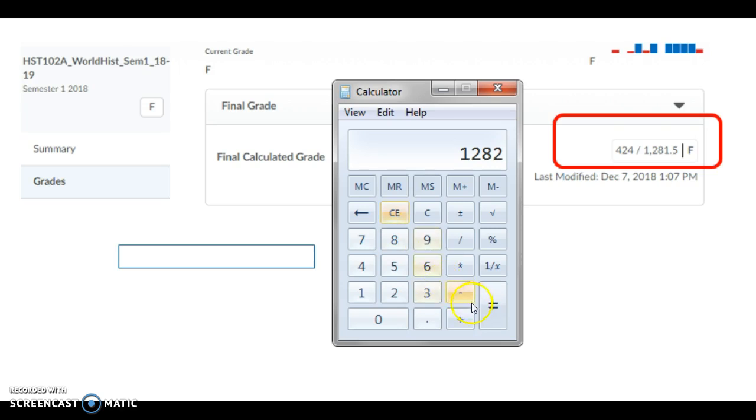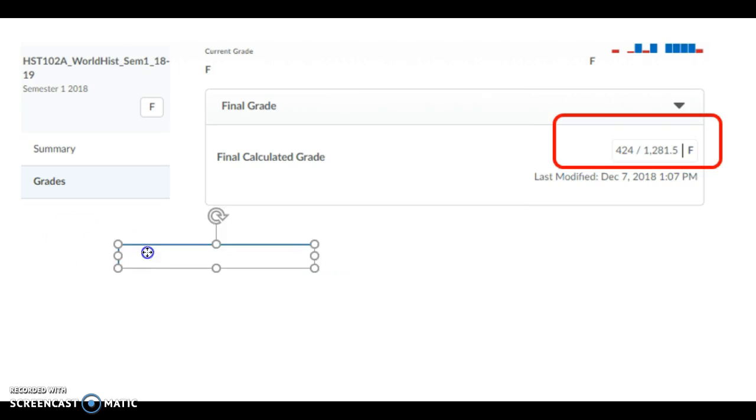What is 60% of that? Remember, you will take the total amount that's possible, take it times 0.60, and that gives you 769.2. Round it up. So you need 770 points to pass the class to get a 60%. Remember, D is done. That means you've earned that credit.